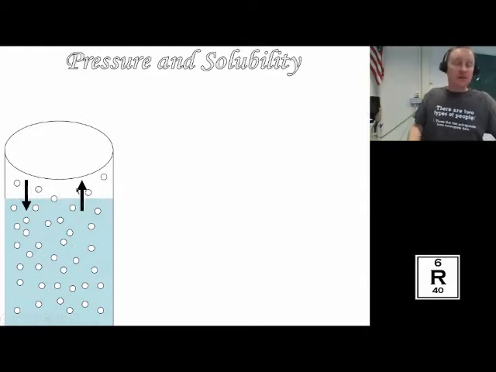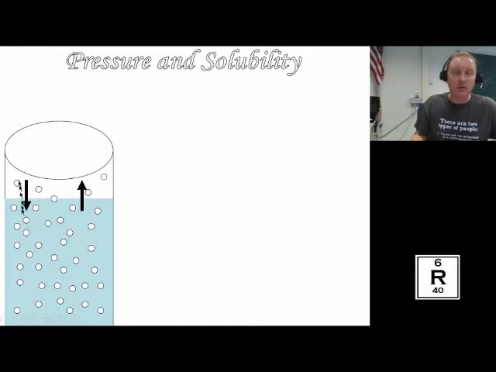And what happens is there's an equilibrium where at the surface some of the gas is coming into the container, but at the same rate they're going back. So it's an equilibrium. For the amount of gas that's leaving, the same amount is going in. And there's a lot of gas in here because the container is under a lot of pressure.